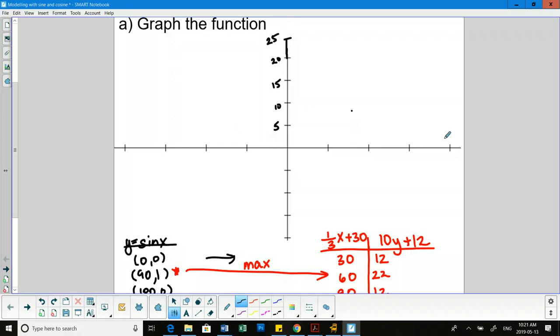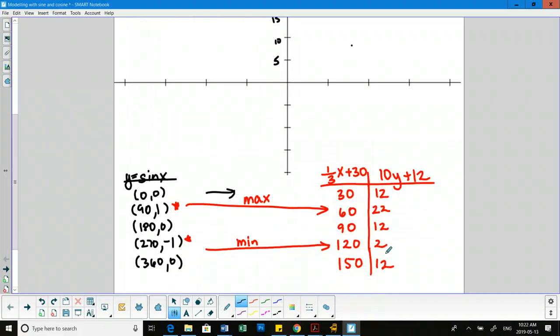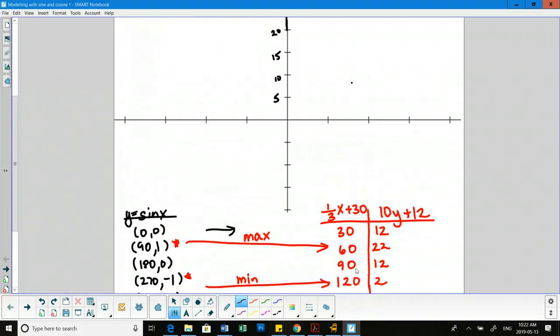And then over here, I want to make sure I can get up to 150. So perhaps we add some ticks in here, and maybe we can go by 30s. So we'll do 30, 60, 90, 120, and 150. And then this would be 180, like so.